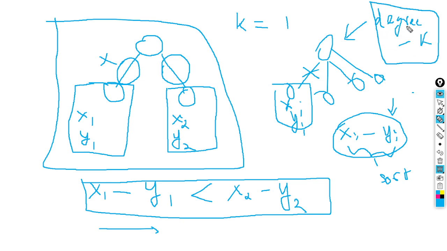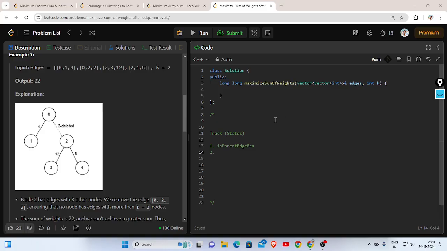That means the three xi minus yi values which are the most minimum. Since we are sorting in ascending order, the lowest degree-minus-k values need to be removed. That's all we need to do. After removing, we sum up the remaining ones and get the answer. So let's go to the code and write a few pointers.